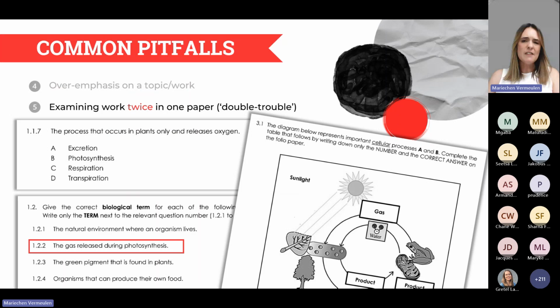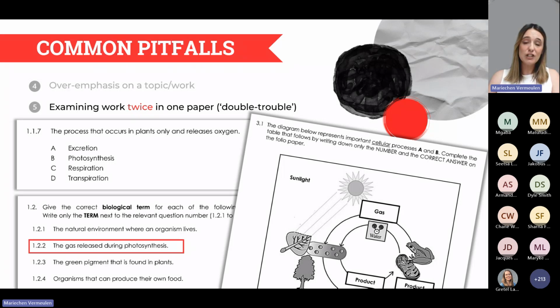Number 5 kind of links to number 4, but it involves more of an unintentional over-examining of work, or what I like to call double trouble. So it essentially means that you're asking the same thing 2 times or maybe even 3 times in the same paper, without realizing it sometimes. So, for example, here on the slide, you have a multiple choice question where learners have to link the release of oxygen to photosynthesis.